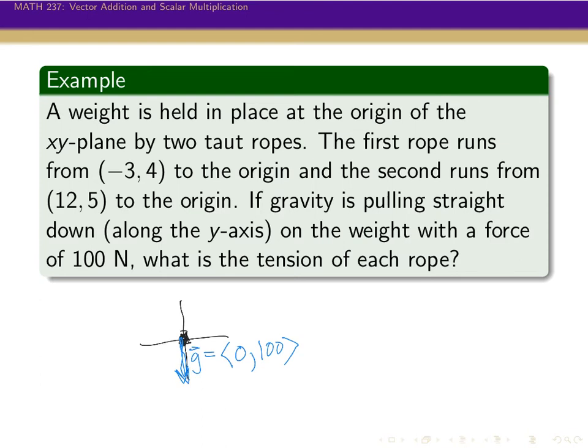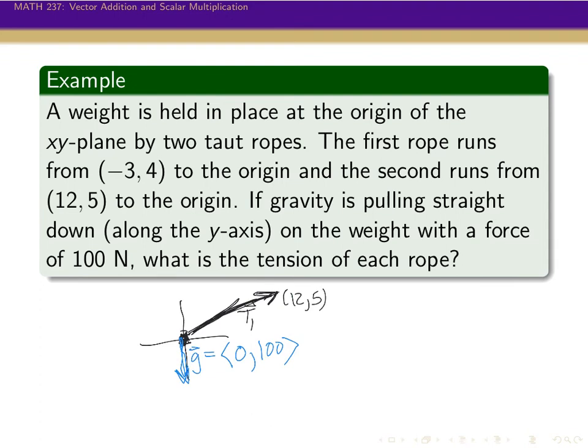Okay. And then we have two other ropes. So one going to 12,5. And so we'll call this T1. And this is pointing out to the point 12,5.